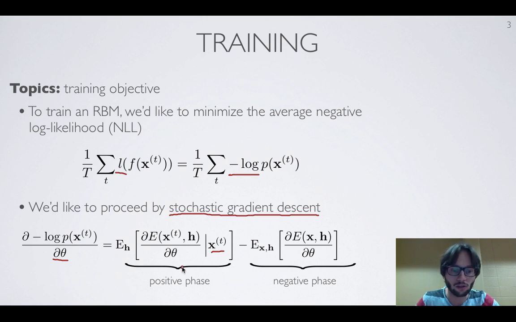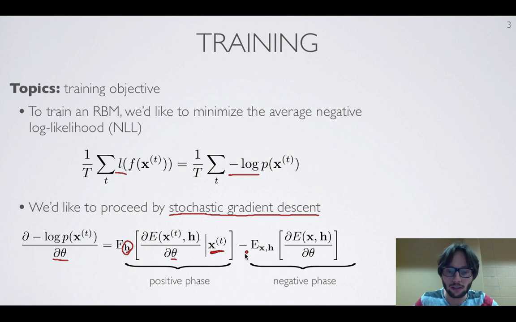And so this partial derivative is going to be the expectation over what we never see, which is the hidden layer value, of the partial derivative of the energy with respect to my parameter given my observation. So an expected partial derivative. We have to do an expectation because h, we never know what its value is. And so it's the expectation of this partial derivative conditioned on the observation.